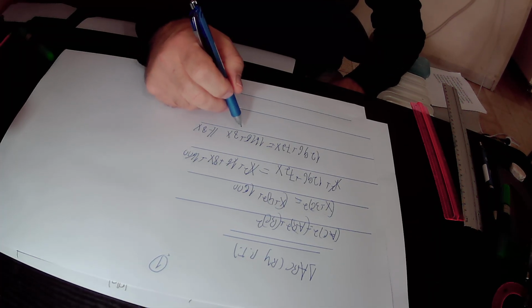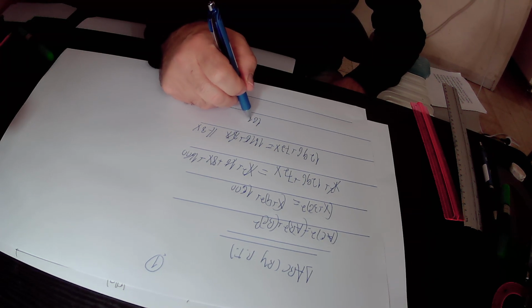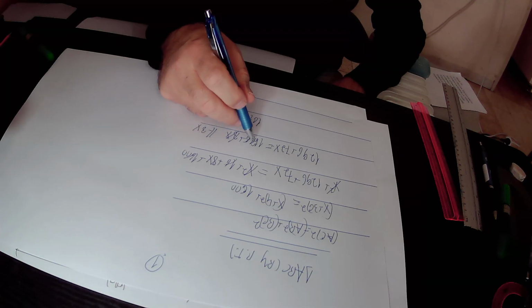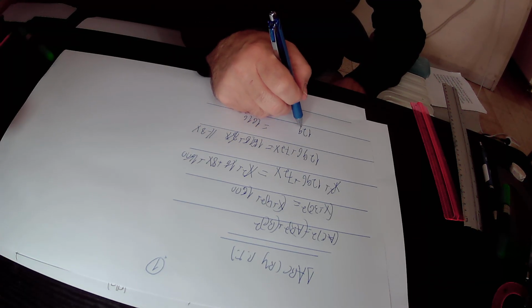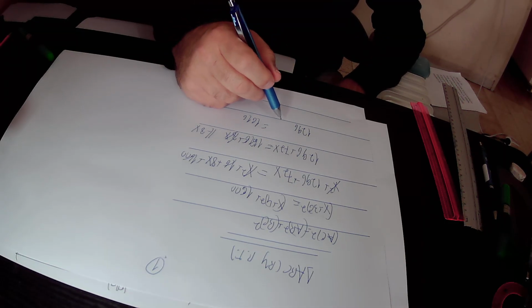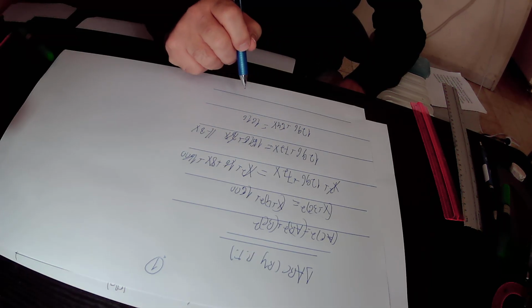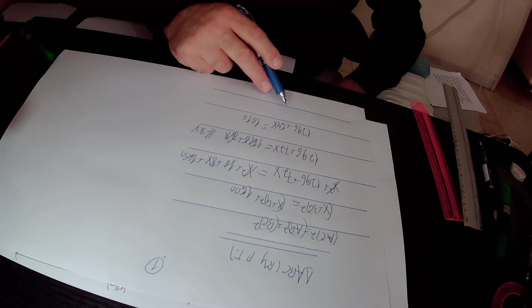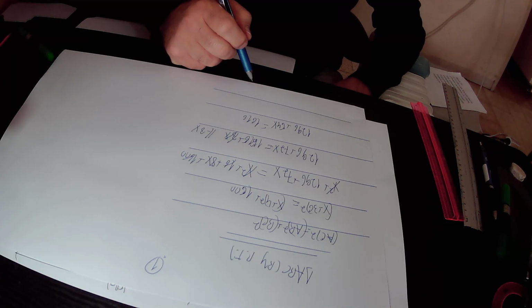So here 8x will get cancelled, and we have only 1616 on that side of the equation. And on the other side we have 1296, and 72x minus 8x is 64x. So in total we found that 1296 plus 64x equals 1616.